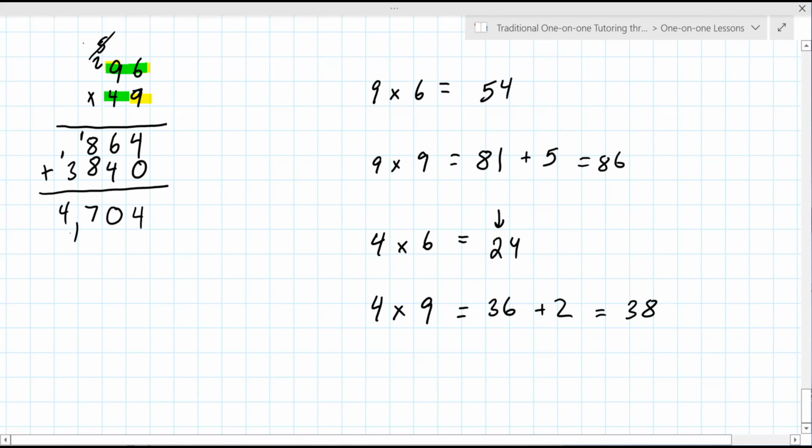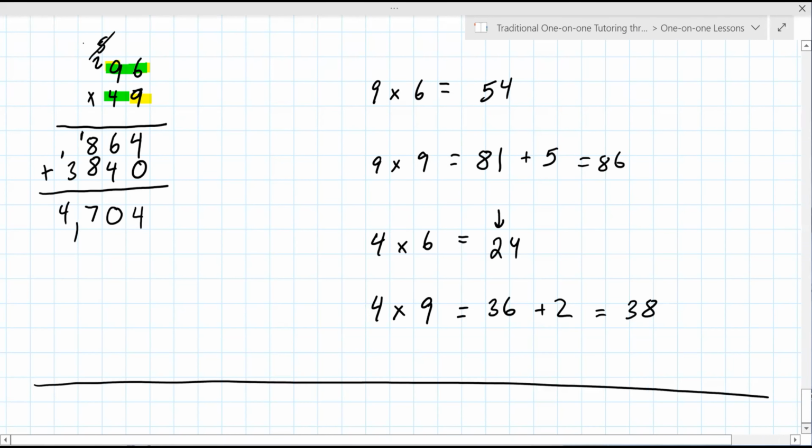Okay, so before we do any more multiplication, I guess we should look at a little bit of addition, because I guess this is still potentially a problem.